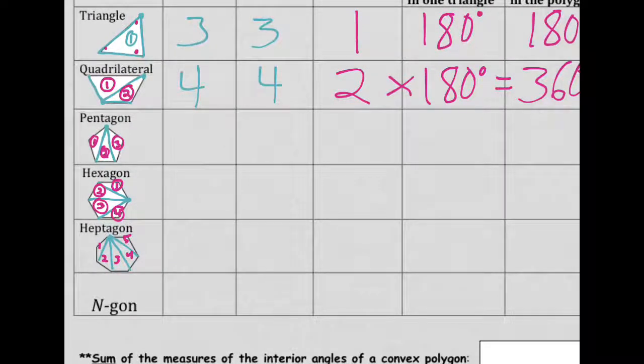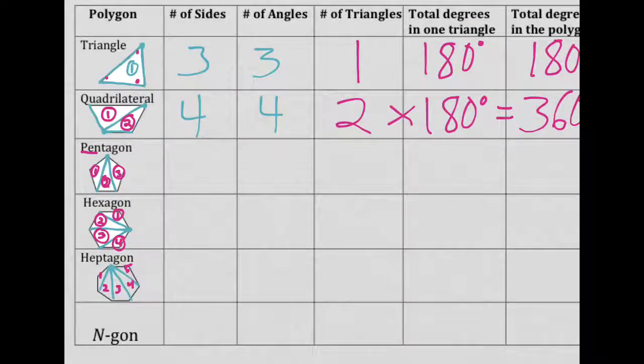Pentagon. Penta, I know that. That means 5. So 5 sides. How many angles? 5 angles. You notice a pattern there. Number of sides always equals the number of angles. Okay? Number of triangles, well, we said that there were 3 triangles in our pentagon, times the number of total degrees in one triangle.